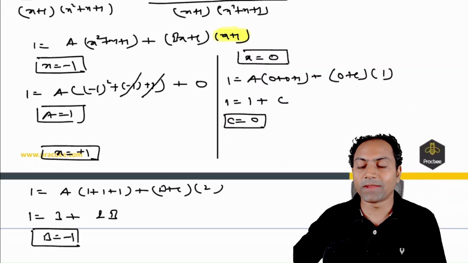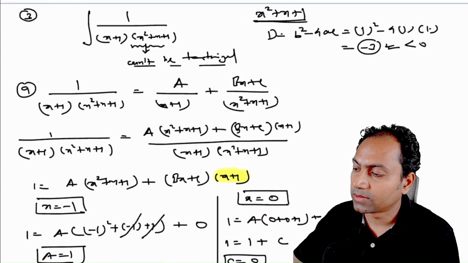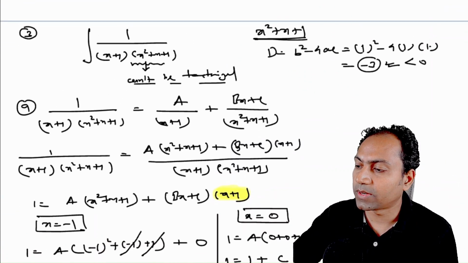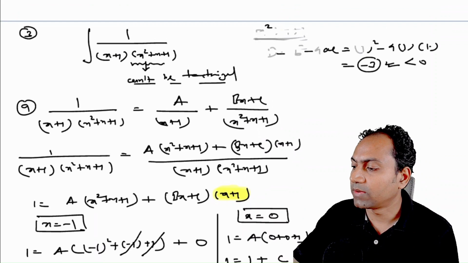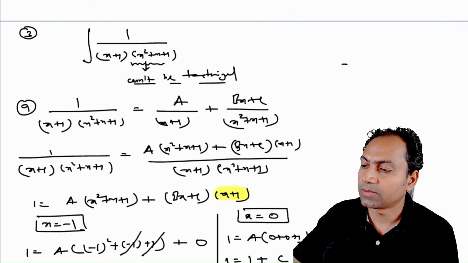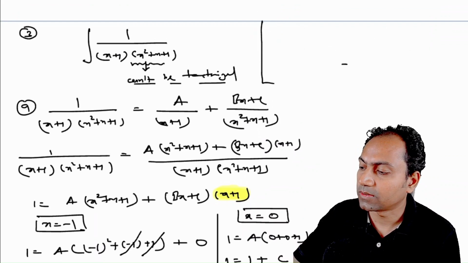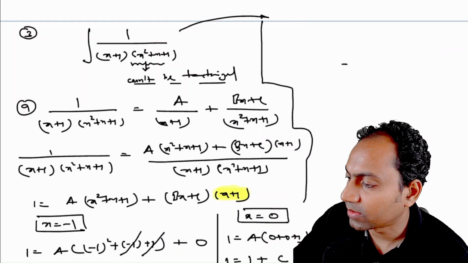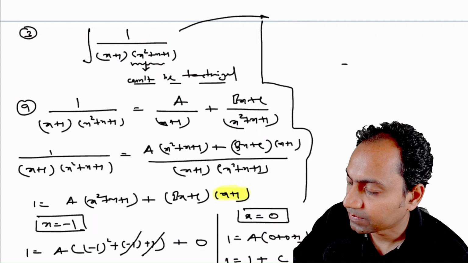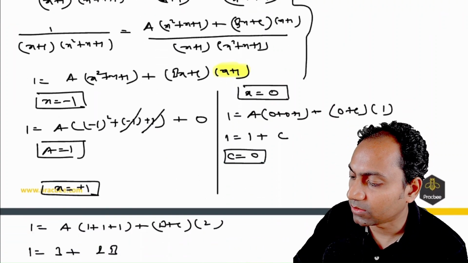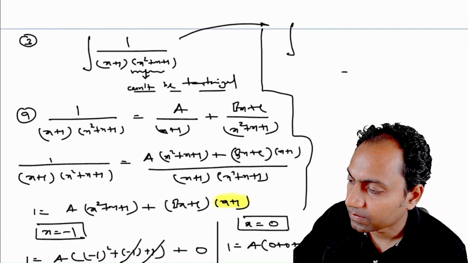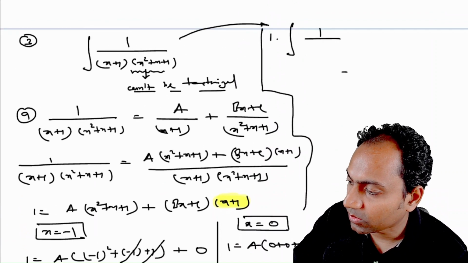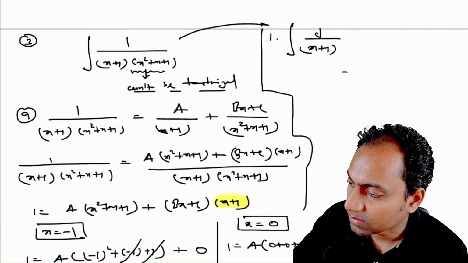Once you have got these values, let us go back to the integral part. I will be able to split this integral. So let us try and split this integral. Now this integral that we have written here can be written as a, and we know that the value of a was 1, into 1 upon x plus 1 dx.